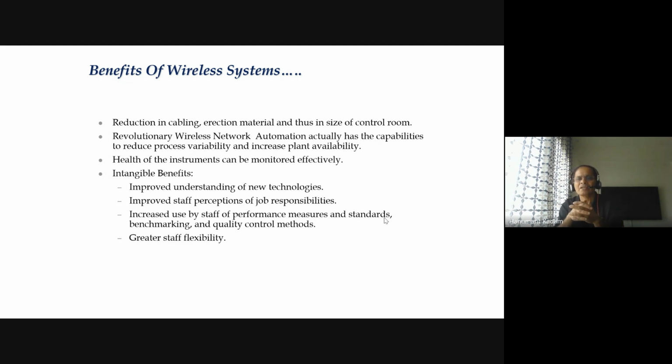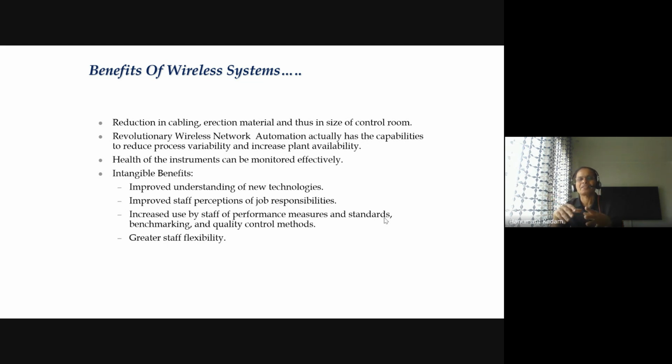Automation has the capability to reduce process variability and increase plant availability. The meaning of this is that you can modify any process parameter. Wireless helps you because there is no limitation of installations for carrying cables, and that way you can increase plant availability.